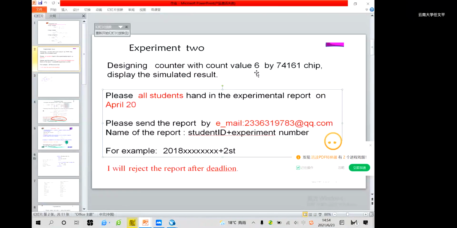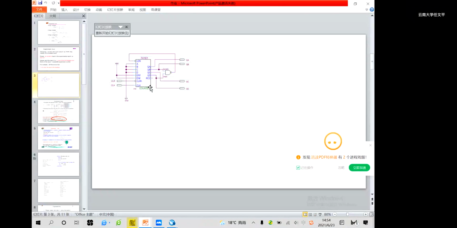Similarly, if the circuit is like this, the counter is an 11 value counter.